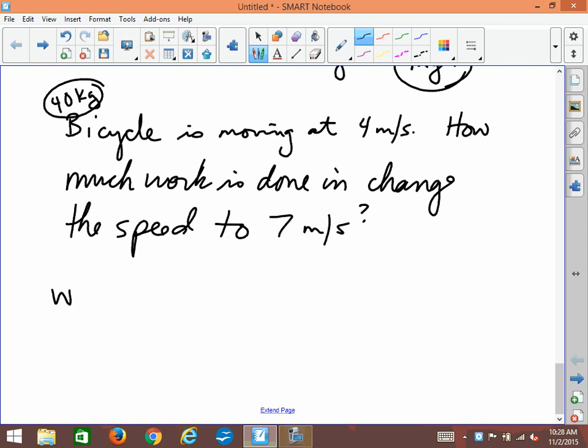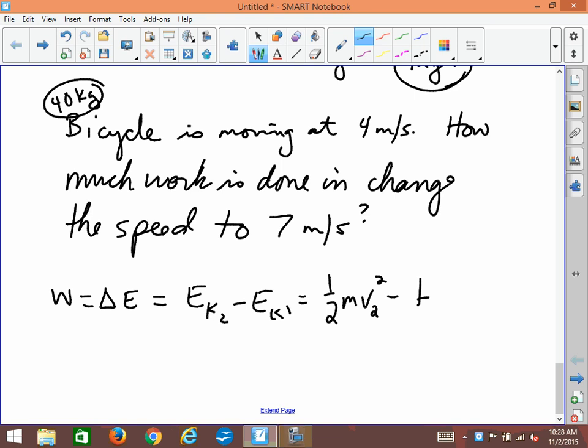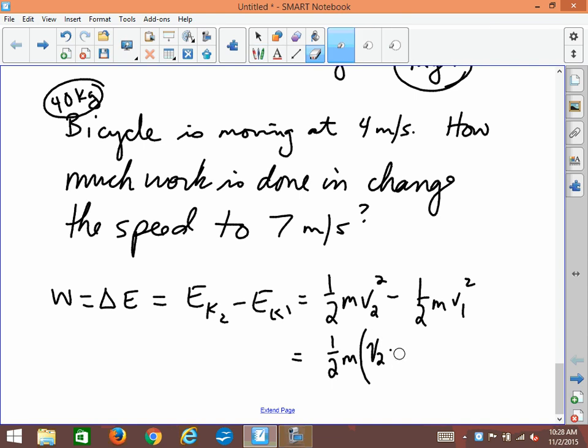So work is equal to the change in the energy, which is EK2 minus EK1. I know it's EK because we're talking about speeds. So that's going to be 1/2 mv2 squared minus 1/2 mv1 squared. And of course you can shortcut this and put the 1/2 and the m outside, and it's just the difference of the speeds: v2 squared minus v1 squared.